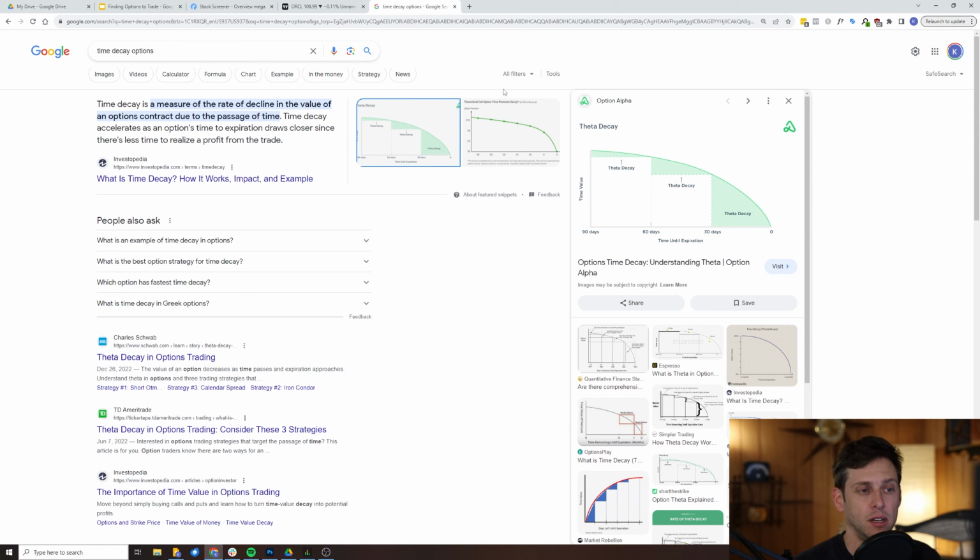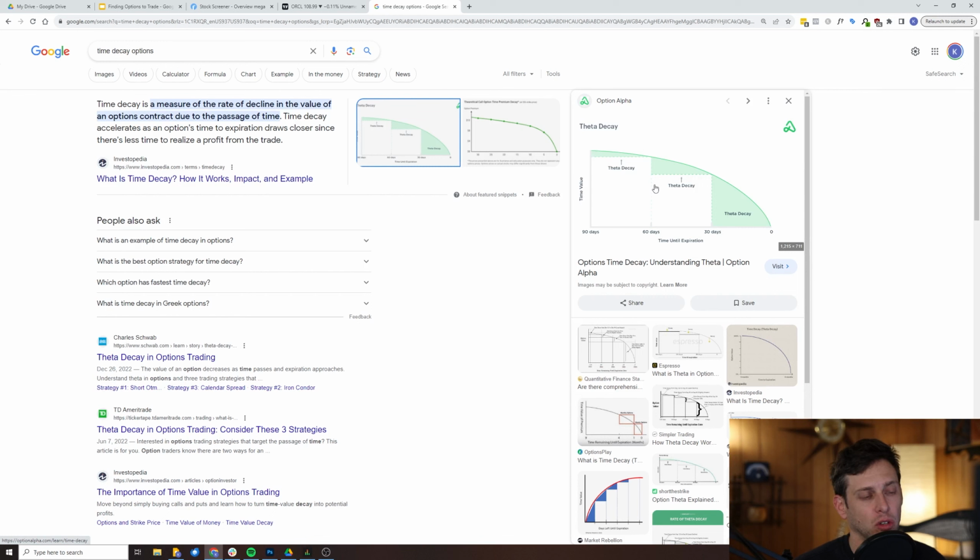One of those, part of the extrinsic value of an option, is the time value left in that option, so the time to expiration. The decay, or the lessening, of that time value is measured in what's called theta.